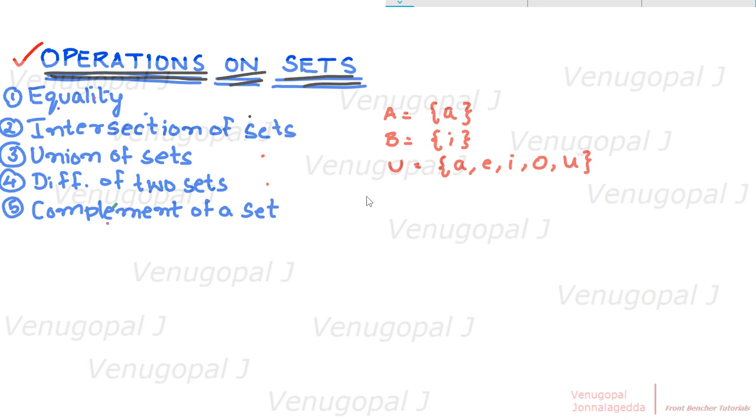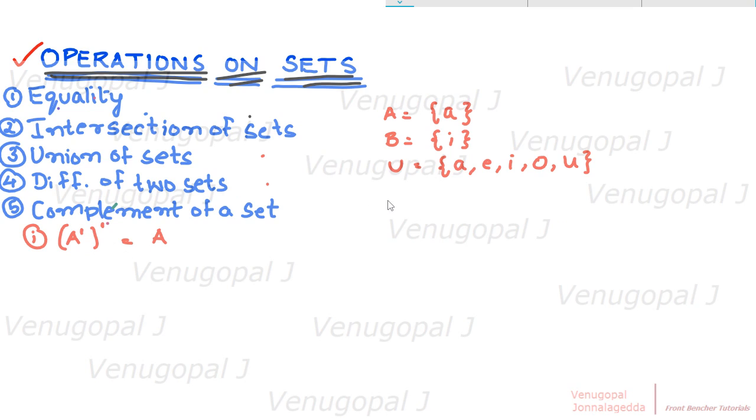Now the first property states that, I'll write it over here, the complement of A complement is equal to A. So let's see this.